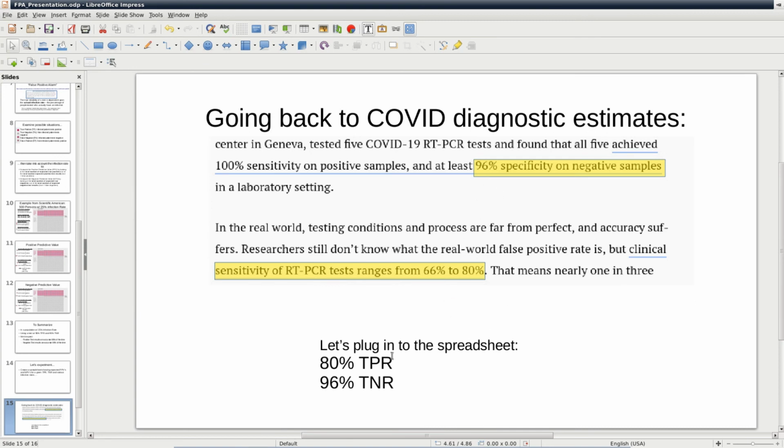We'll use the estimates given in that article of 80% true positive rate, 96% true negative rate. So we're using the specificity, the true negative rate from the laboratory setting test, and we're using the high end of the real world true positive rate that he gave. He said it's a range of 66 to 80. Let's go at the top of that. We'll assume the best. So we'll plug these two values into our spreadsheet.